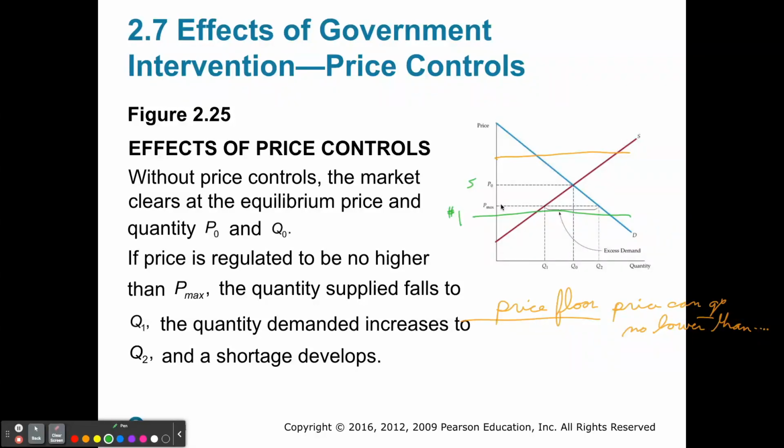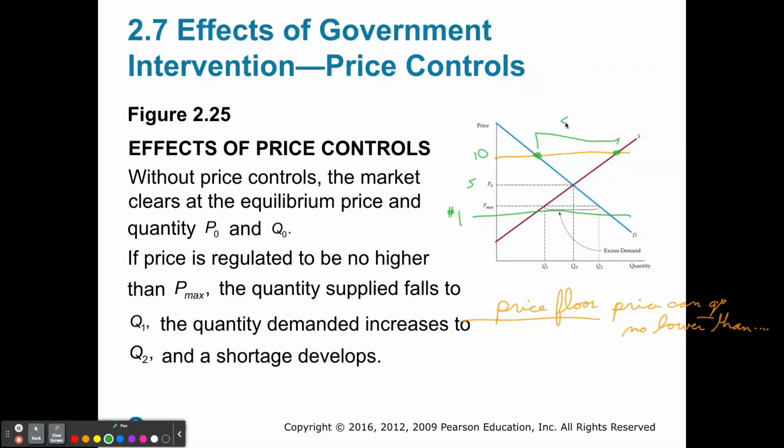But what if they said the price can go no lower than $10? Then we as consumers would be forced to pay $10 a gallon, which would mean we wouldn't want to buy that much. And sellers would be like, we can sell it for $10 a gallon? Great.